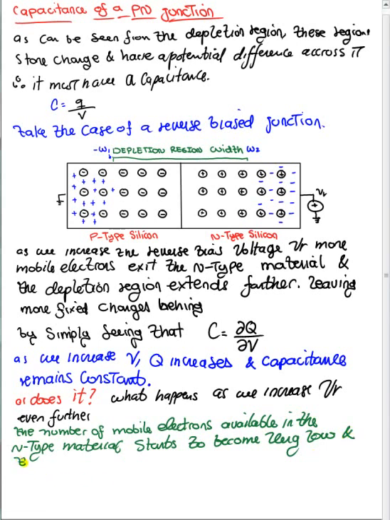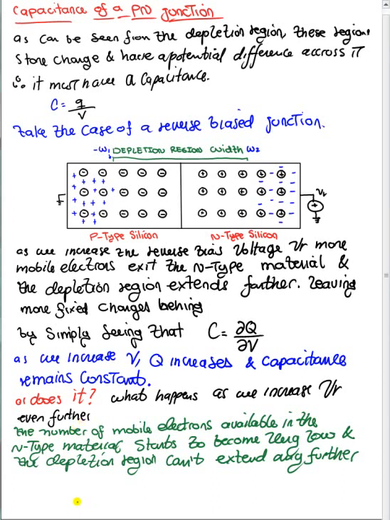The depletion region can't extend any further, since you can't pull it farther than the physical size of the device. And if there are no more electrons to get out of that material, then you can't extend it any further.